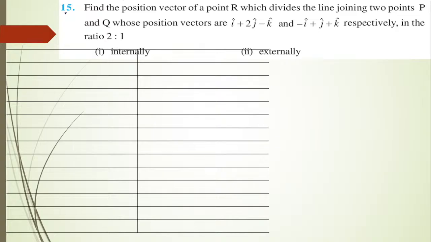Let's see this question based upon this formula. Find the position vector of a point R which divides the line joining the points P and Q, whose position vectors are i plus 2j minus k and minus i plus j plus k respectively, in the ratio 2:1 internally and externally.